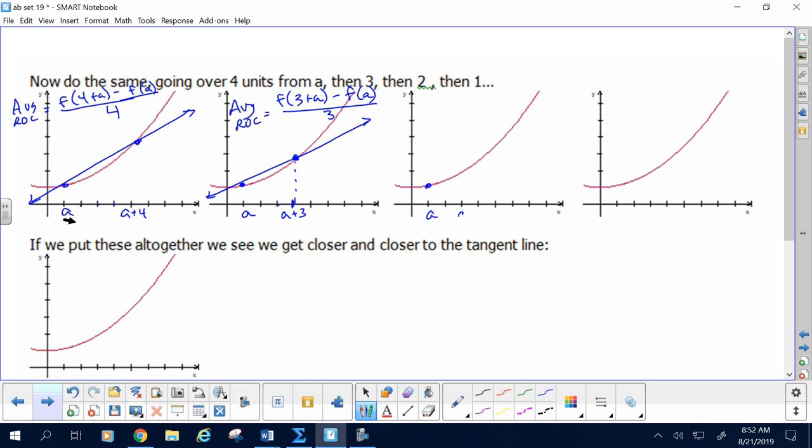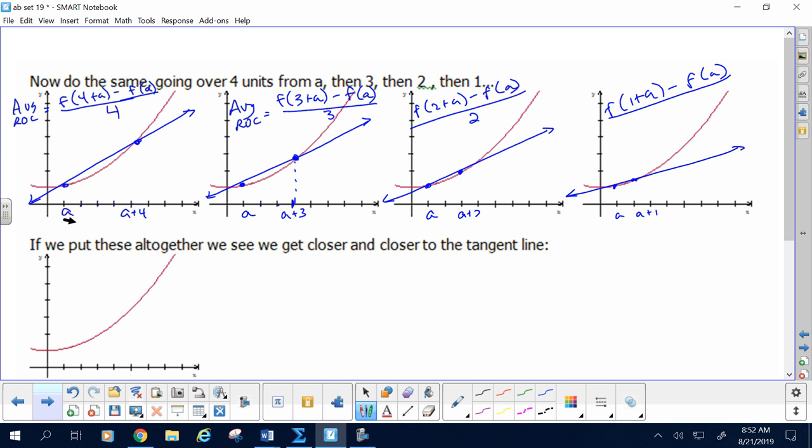Now we could go 2 units away. What's the slope? f(2+a) minus f(a) over 2. 1 unit away is doggone close. f(1+a) minus f(a) over 1 is the slope, or the average rate of change.